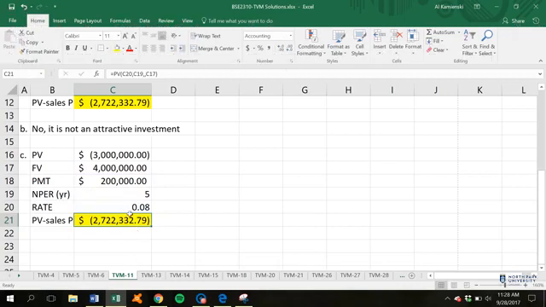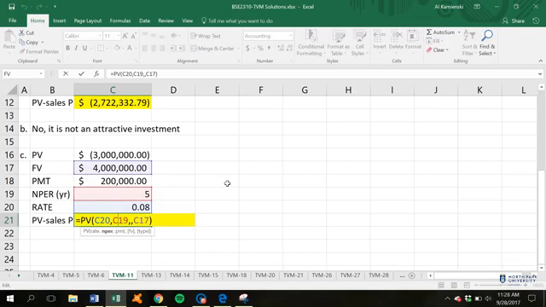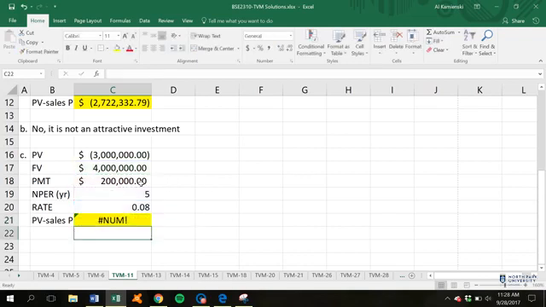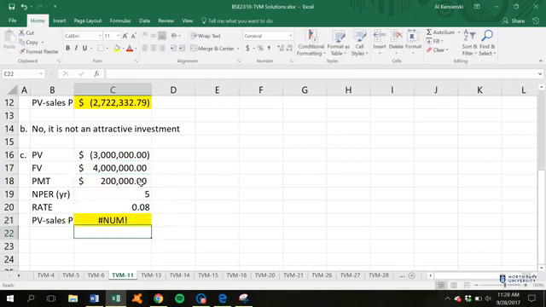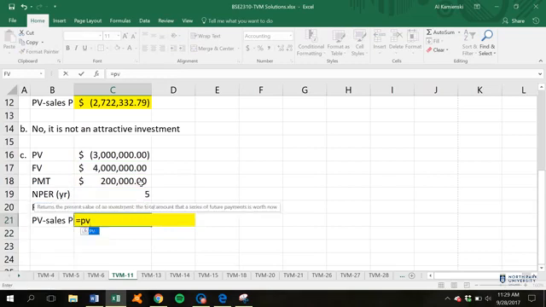So let's go ahead and change our formula to have our payment be included. And I goofed up on the formula. Let's just drop that in there again. Equals PV, rate of 8%, number of periods 5.